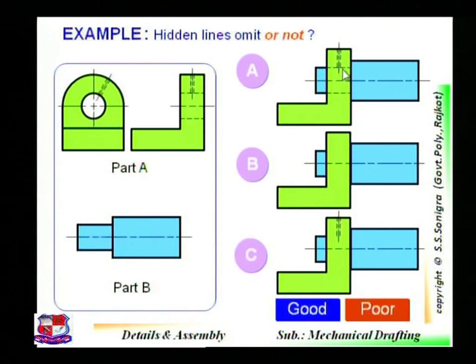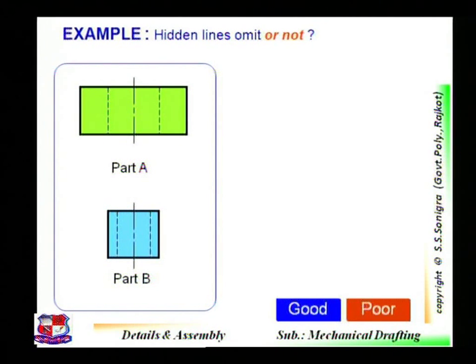Of course B is necessary, because here the hole is drilled. If this hole is not drilled, then A would be the better representation of this assembly drawing. So I hope it's clear when you have to omit the hidden line and when the hidden lines should be represented in the drawings.